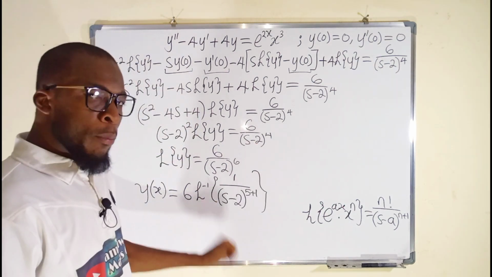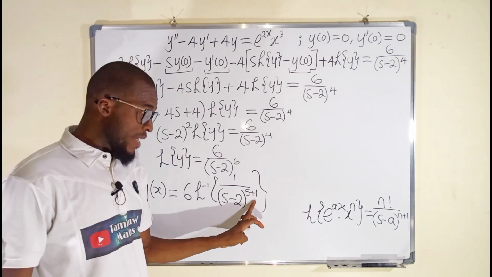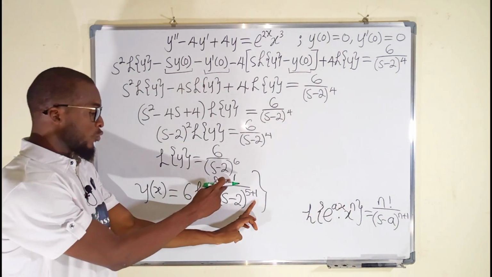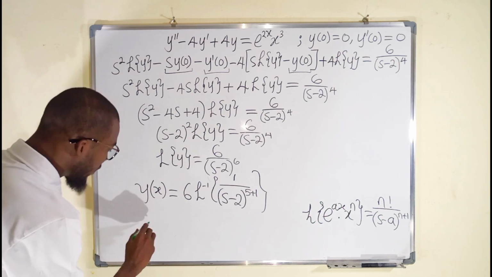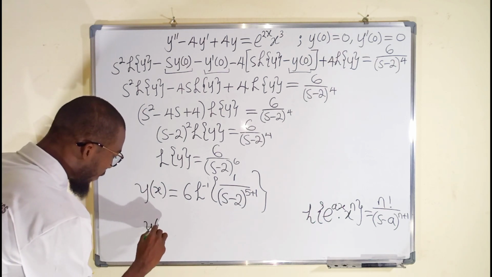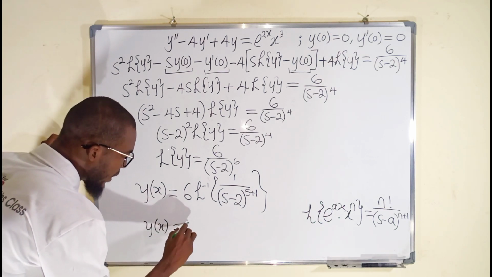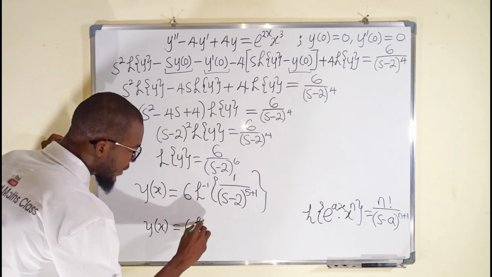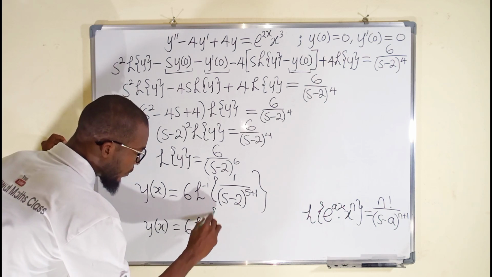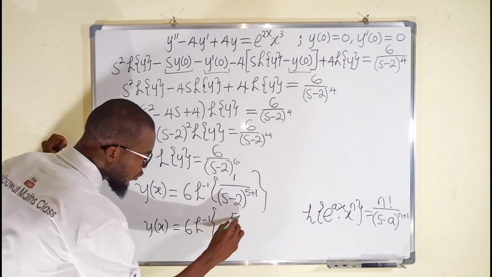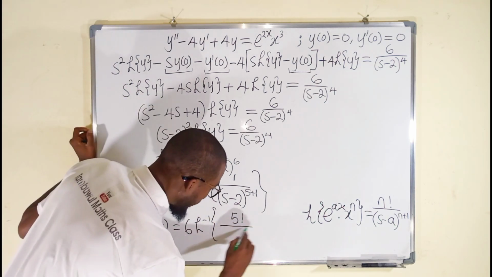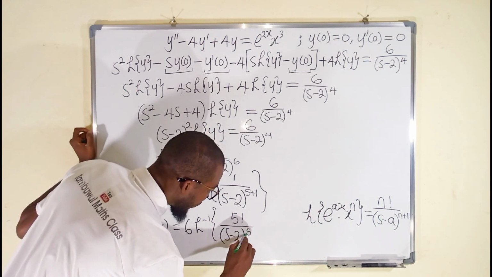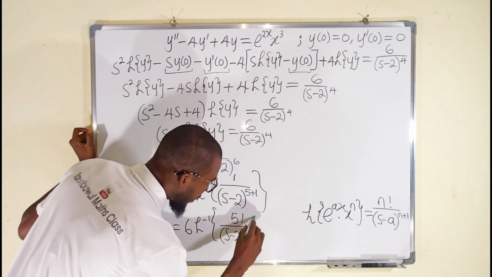All right, but having 5 plus 1 here, remember 5 is our n, we have to have 5 factorial at the top. So we can just say that y of x equals 6 multiplied by the inverse Laplace transform of 5 factorial divided by (s minus 2) to the power of 5 plus 1.